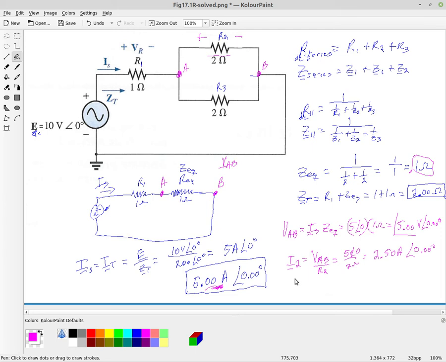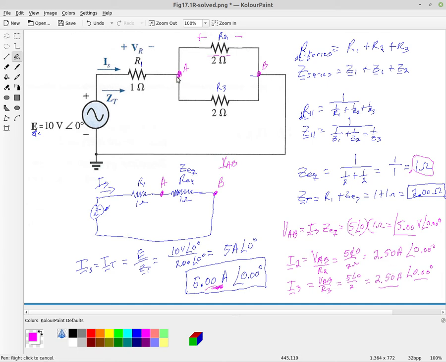Of course, we can find the same for I3, which is again VAB divided by the impedance or resistance, in this case R3. That's 5 angle 0 divided by 2 ohms, which is 2.50 amperes at an angle of 0.00 degrees, if we want to put it in Blackboard with our three significant digits.